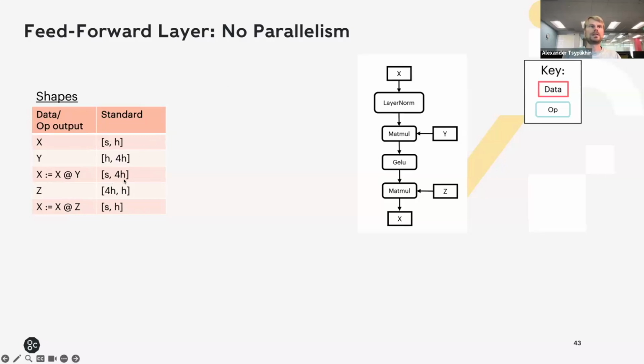The activations after that will be this size, and then we project it down to the H dimension, and the final output will be of the size S times H, as we had it in the beginning of this layer.